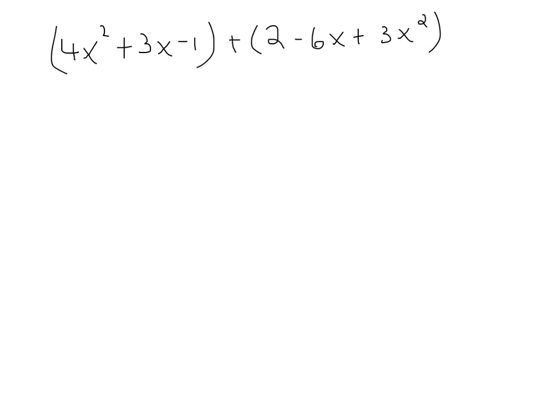In this example, we're asked to add these two polynomials together. But at the end of the day, all we're doing is combining like terms. So before we do this problem, a quick word on parentheses. Any parentheses that come before an addition or a subtraction sign are truly irrelevant and really mean nothing.